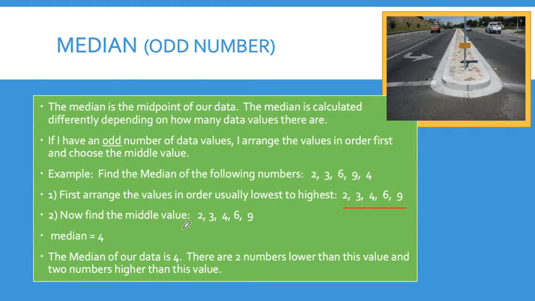Now we find the middle value. The easiest way to do this when you're first starting is to cross out your lowest data value with your highest, and the next lowest data value with the next highest, and so on until you're left with only one middle value. This is your median. Note there are 2 numbers lower than 4 and 2 numbers higher than 4.